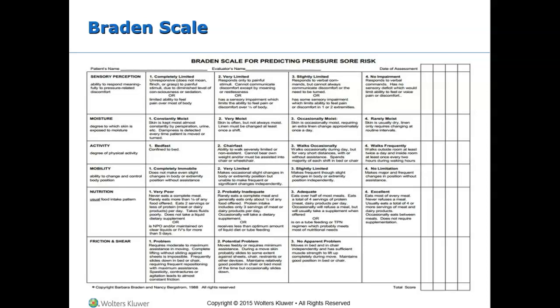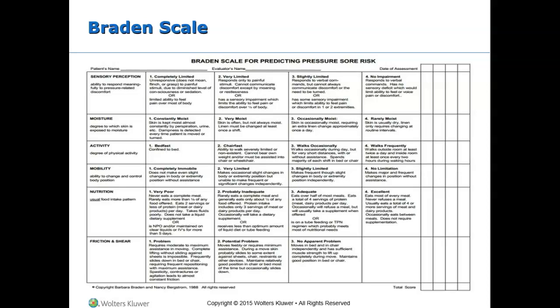We will do this activity in the classroom using the Braden scale, so you can get some experience using it. But you're scoring your patients on a scale of 1 to 4, with 1 the worst and 4 the best. So does your patient have problems with sensory perception? And it gives you exactly what that means.